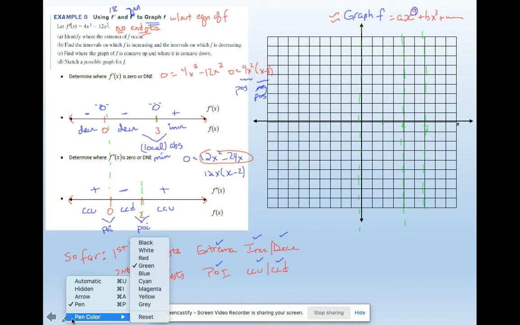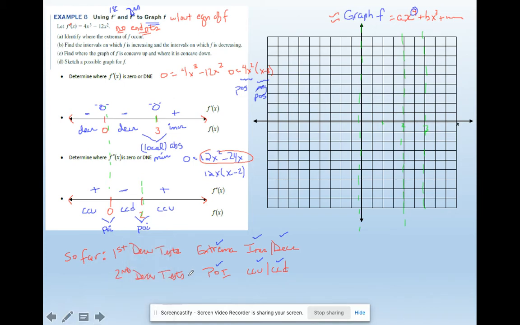Now, what am I going to do? From negative infinity to 0, I am going to decrease. And at the same time, from negative infinity to 0, I'm going to be concave up.